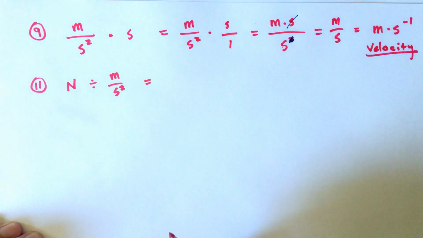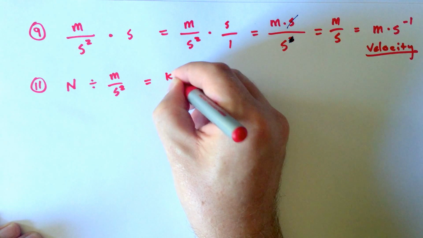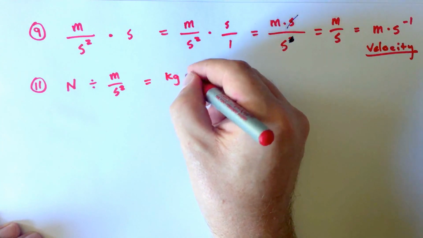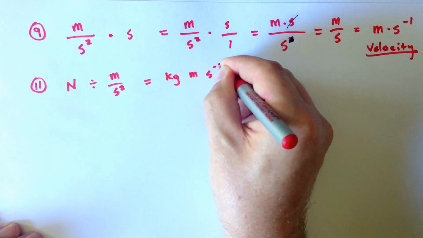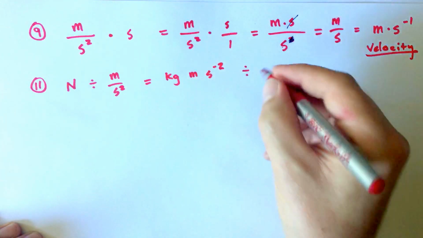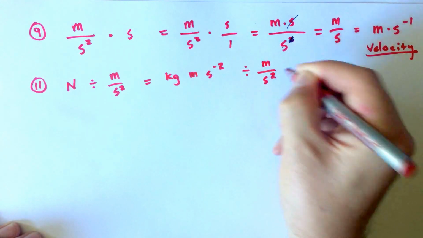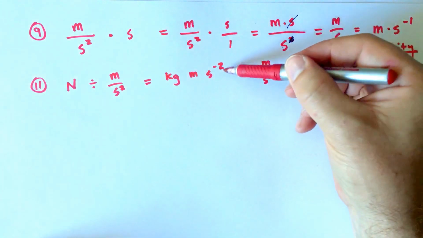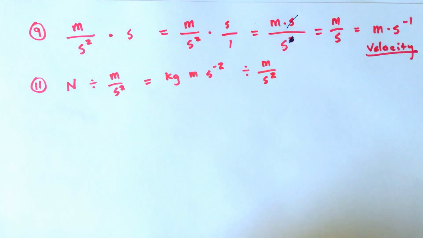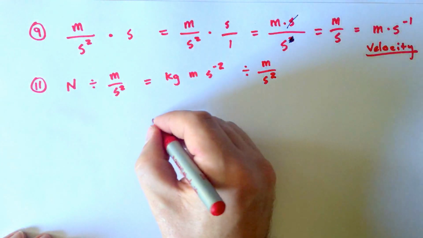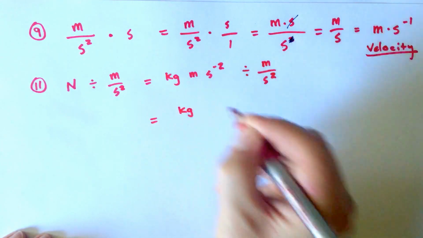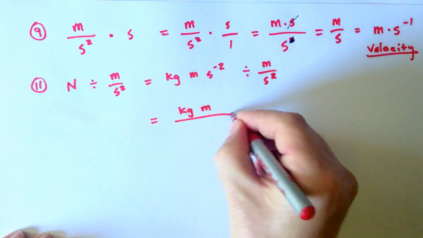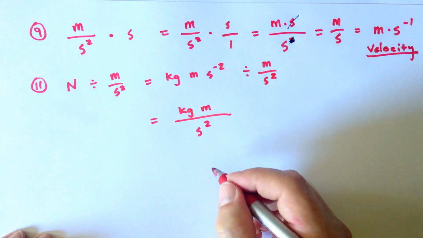I'm going to write, this is the same as saying kilograms times meters times seconds to the -2 divided by meters over seconds squared. All right. And if I want to write this as a fraction, I could say this is also equal to kilograms times meters. This seconds to the -2 just says it's going to be seconds squared in the denominator.